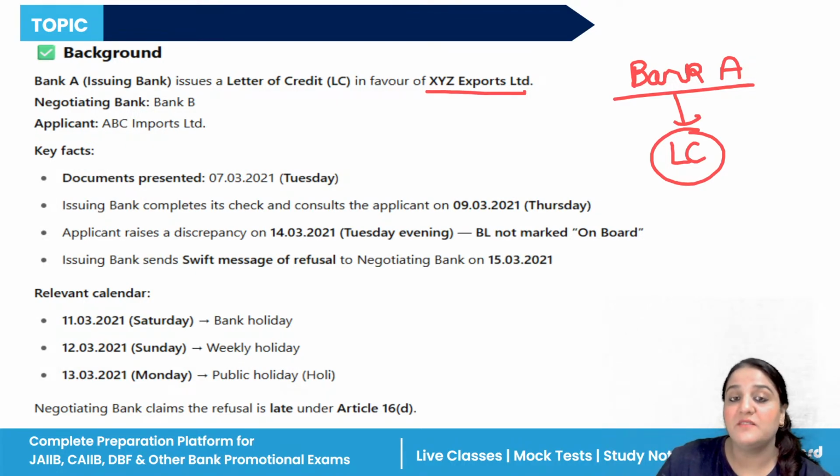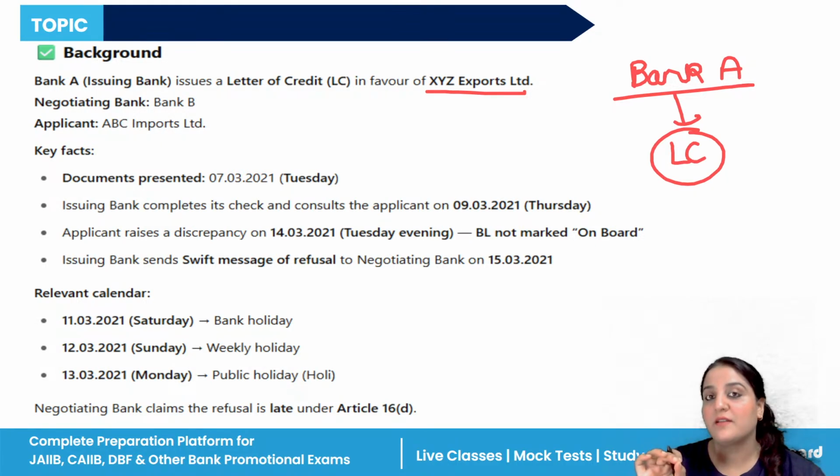Applicant raises a discrepancy on 14th of March 2021 that the BL is not marked on board. Now the issuing bank sends the SWIFT message of refusal to the negotiating bank on 15th of March 2021. So you can see a little mark creates a problem.